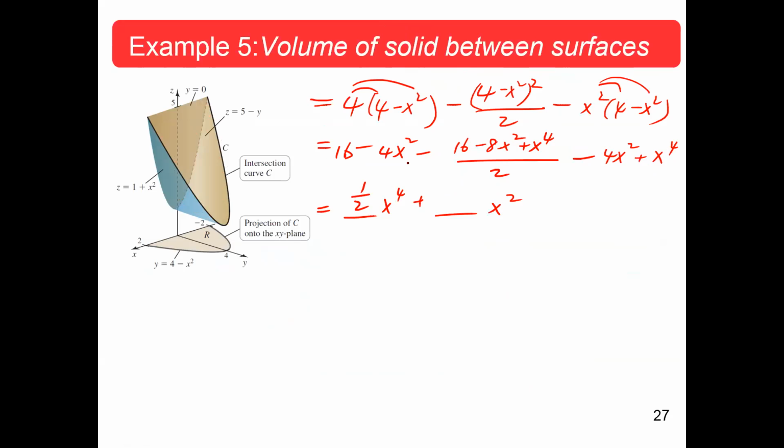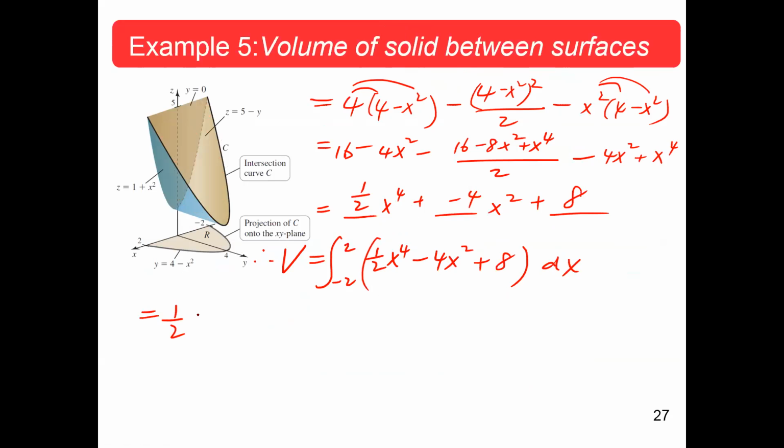We have negative 4x squared and then plus 4x squared, so this cancels out and there's an additional negative 4x squared. For the constant, we have 16 minus 8, so it's 8. So that's the inner integral. Therefore, the outer integral will be from negative 2 to 2 dx of 1/2 x to the 4th minus 4x squared plus 8.